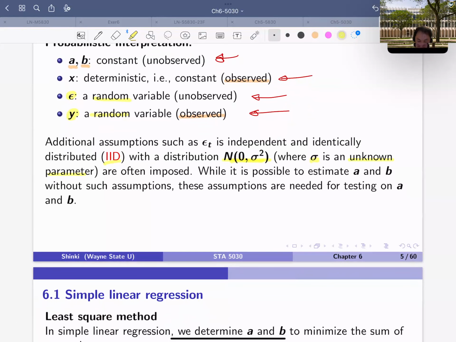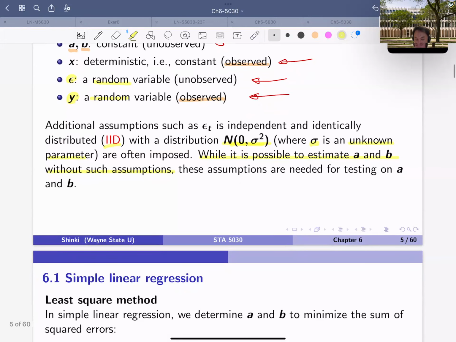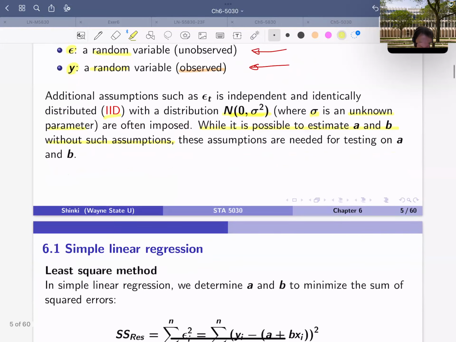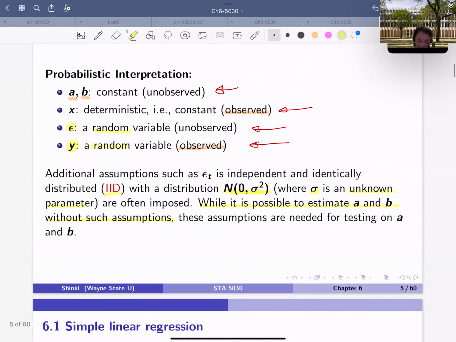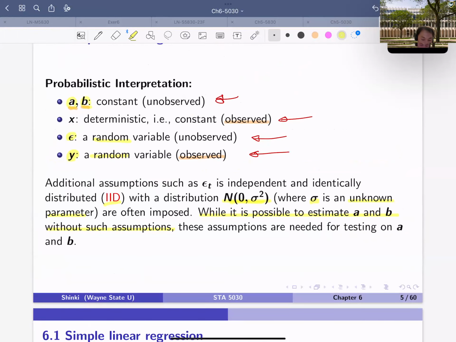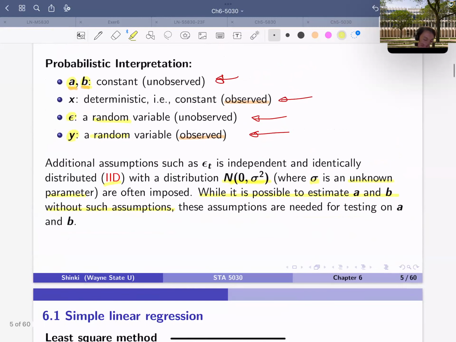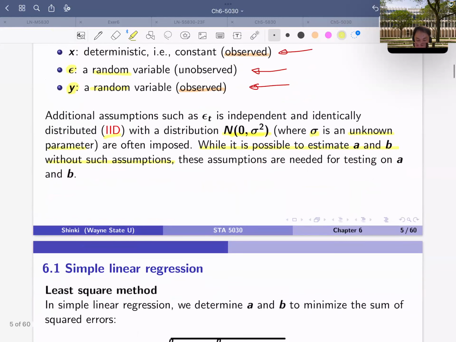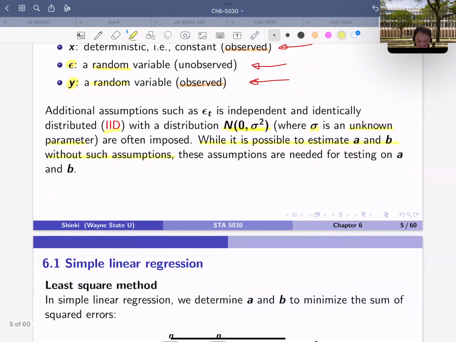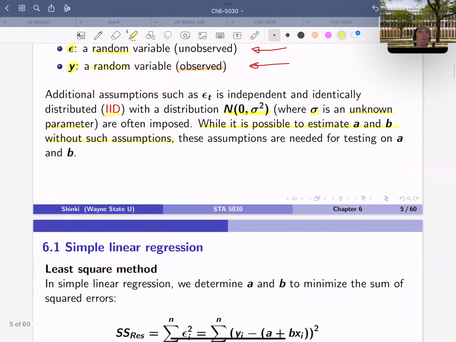It is possible to estimate a and b without these assumptions, but they are needed for some statistical results, such as testing on a and b. We can estimate, for example, a is 3.1 and b is 4.5. But if we want to test whether a is equal to 0, then we need the normality and IID assumptions.